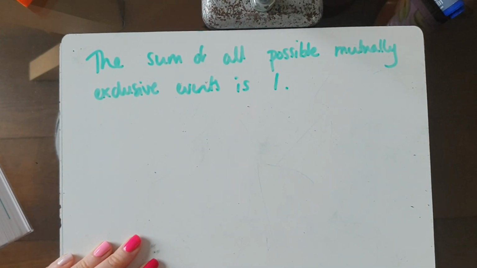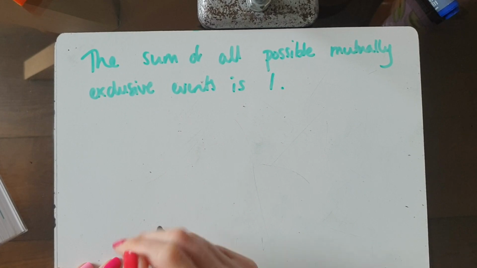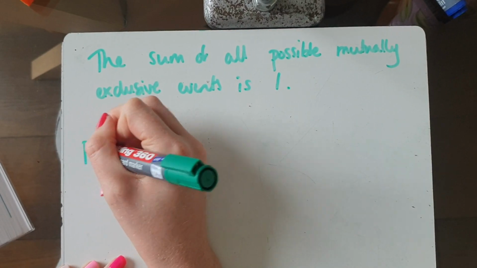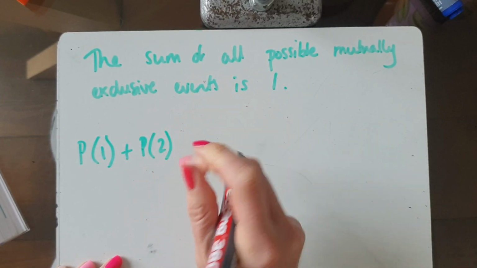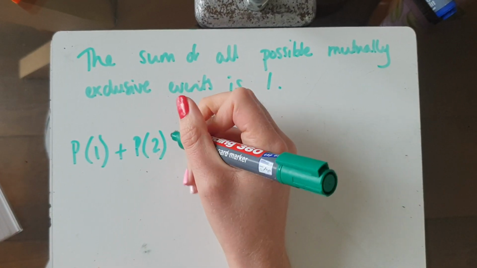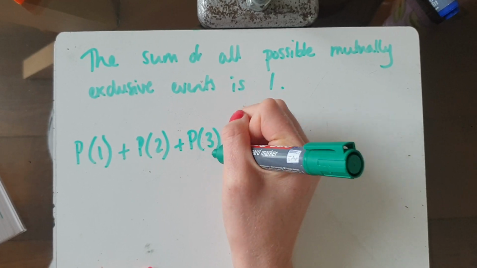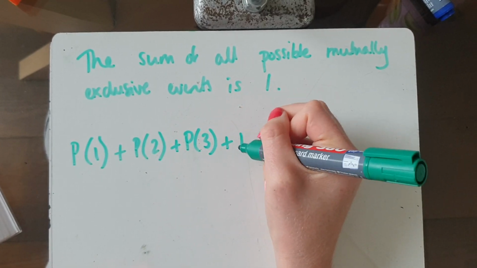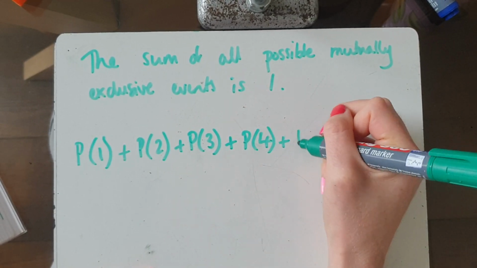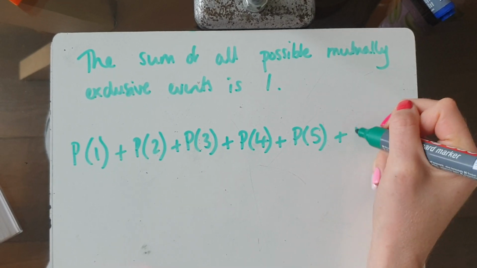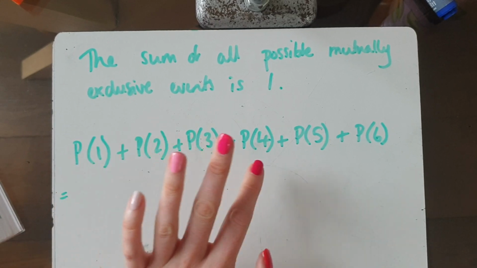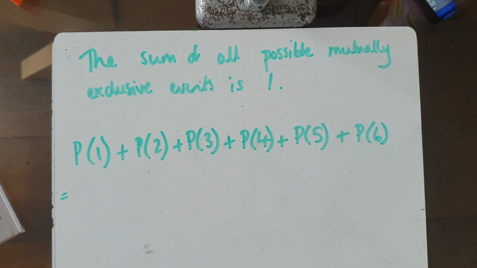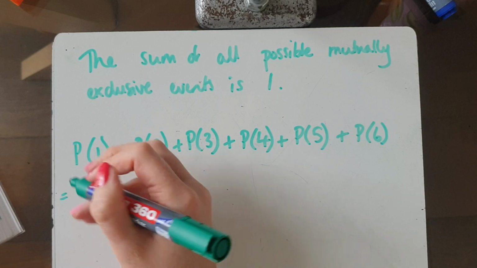So if we're rolling a dice one time only, we'd have the probability of rolling 1 plus the probability of rolling 2, can't do both of those at the same time, plus the probability of rolling 3, 4, 5 and 6, because we can only roll one of these numbers at one time if we're rolling the dice once only.